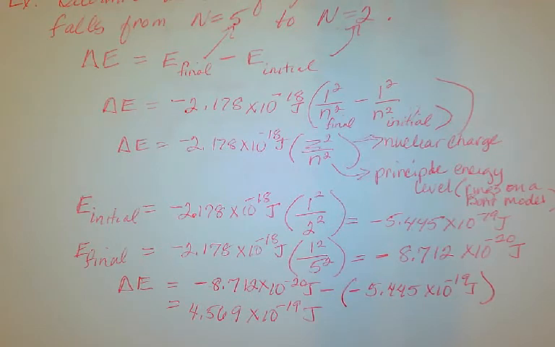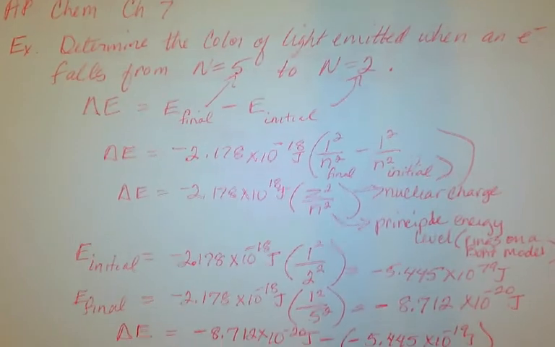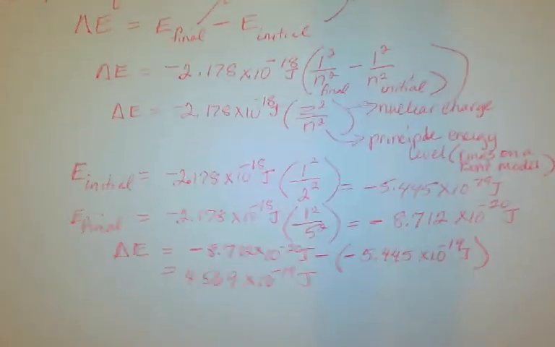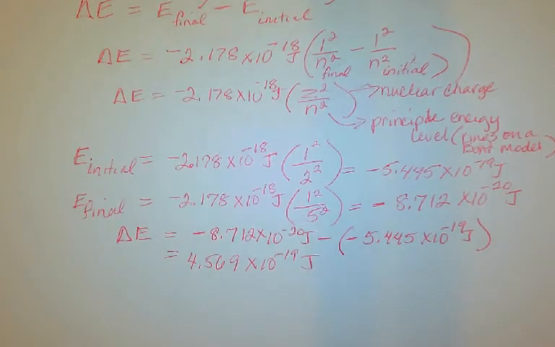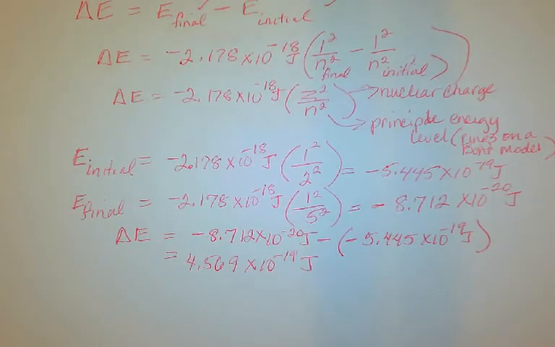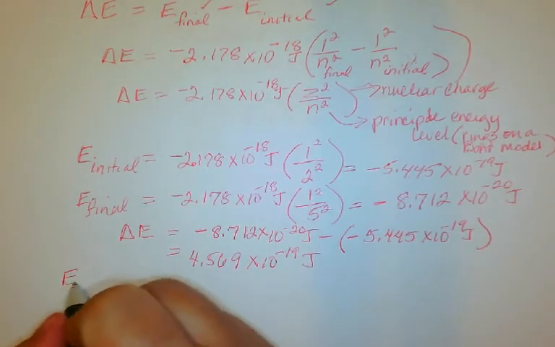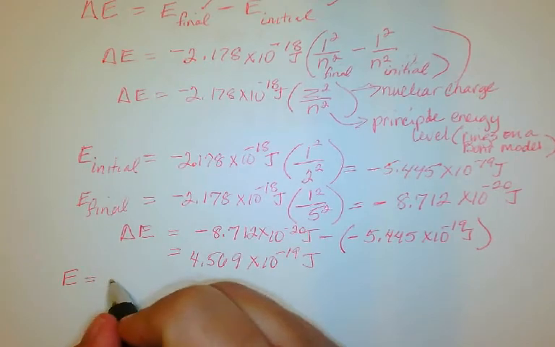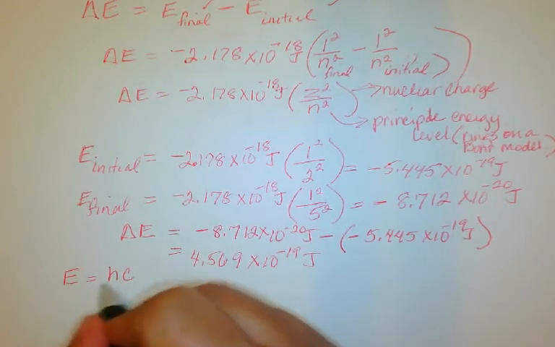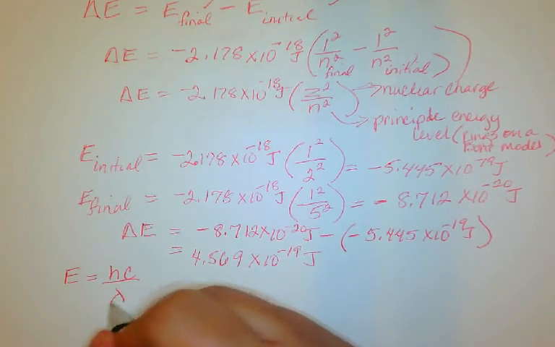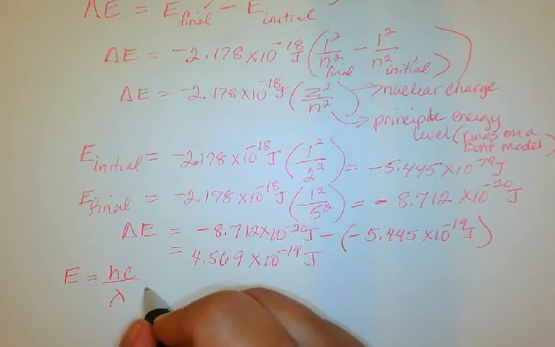Okay, so the question, though, didn't ask for energy. If we go back up, it says determine the color emitted when it does this. Okay, so we know how much the energy is. How do we relate that to the color of the light? Well, again, we're going to go back to our combined original equation that we used in our previous example, E equals HC divided by the wavelength.